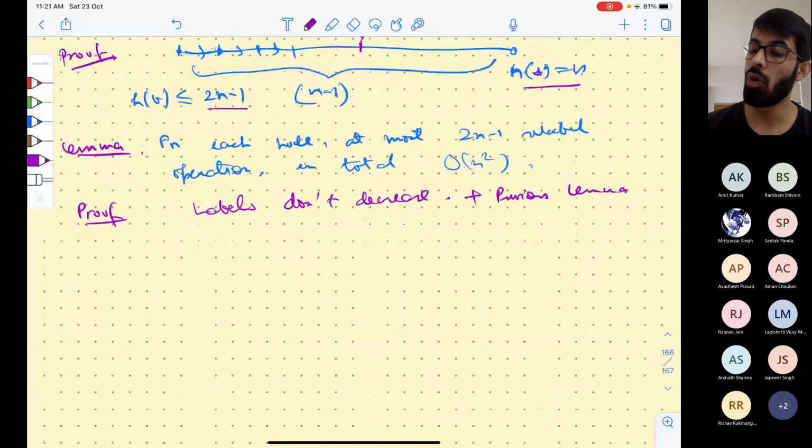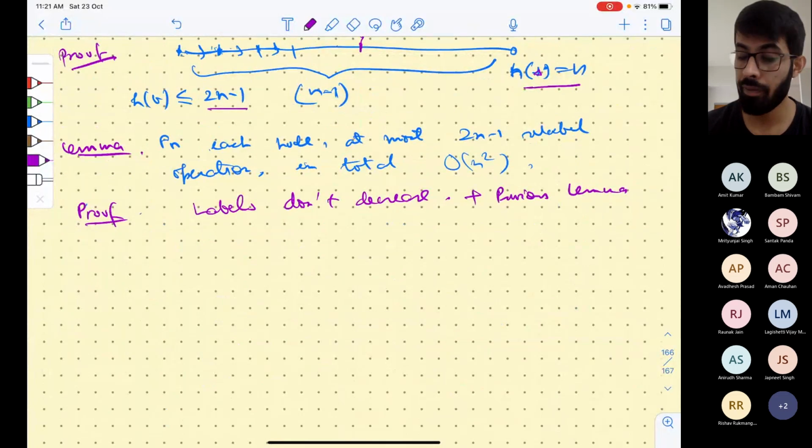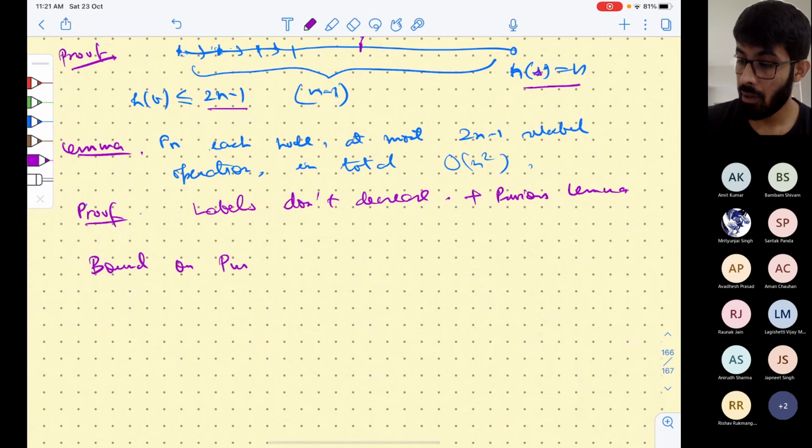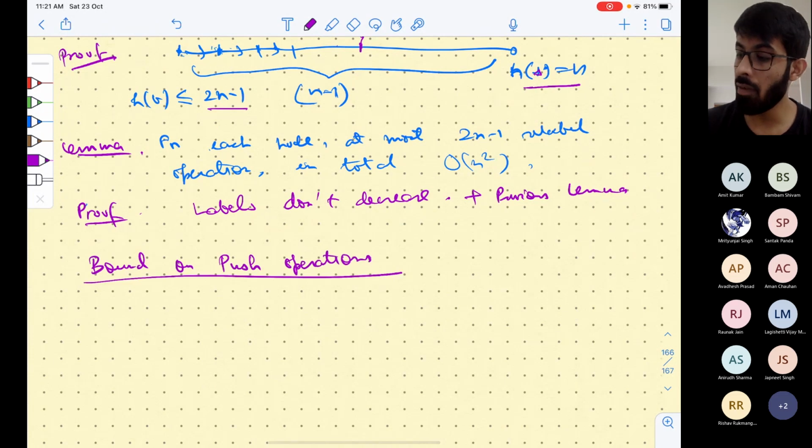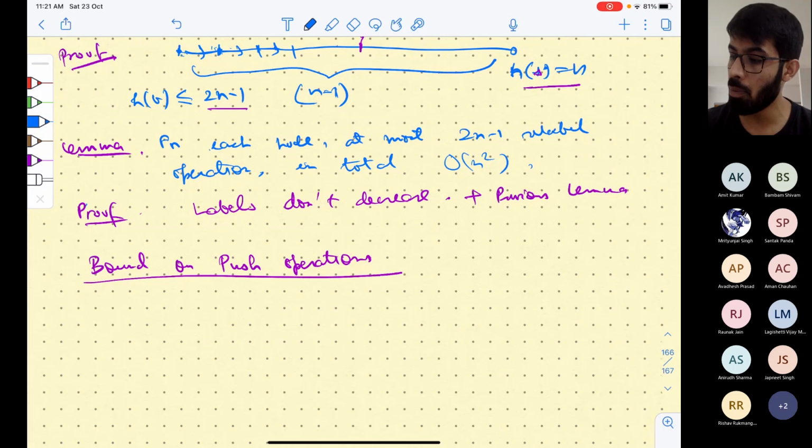Now we have to give a bound on how many push operations are going to be there. So just remember what a push operation is.